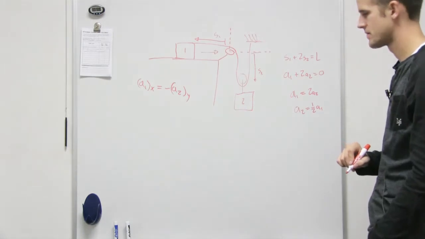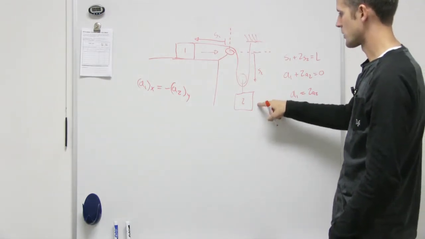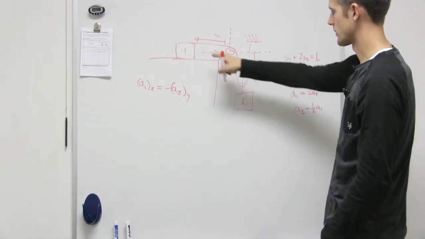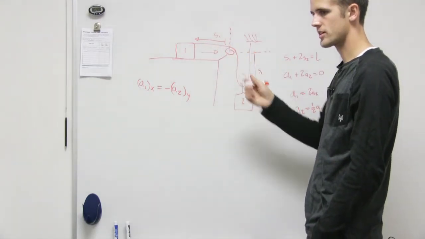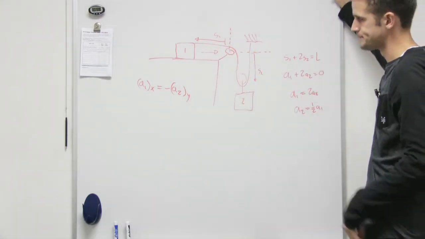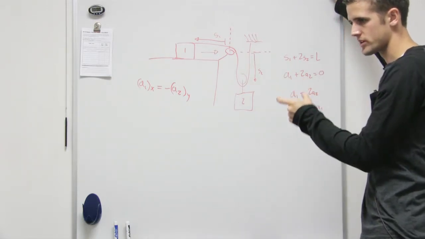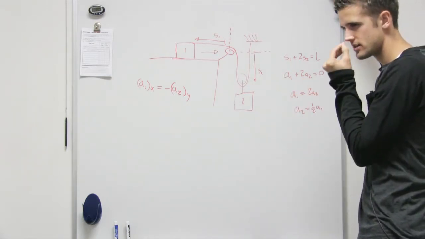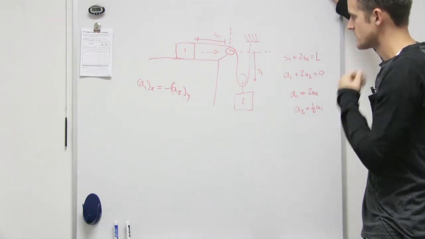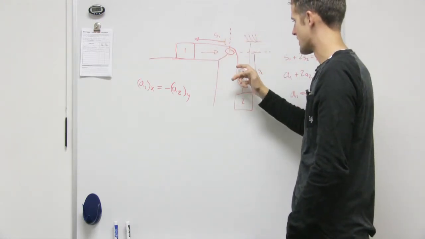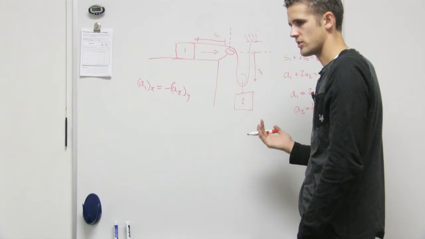That makes sense? So when you slide this block over, it's going to lower block 2. Block 2 will only go half as fast, since you take this distance and divide it among 2 ropes.